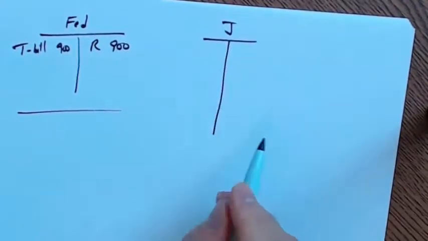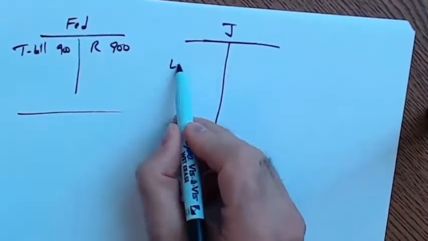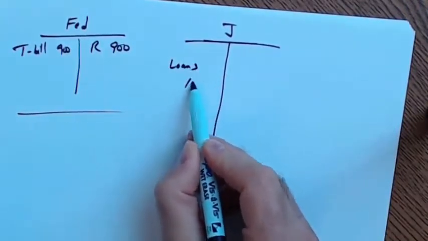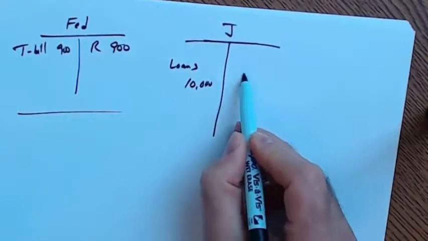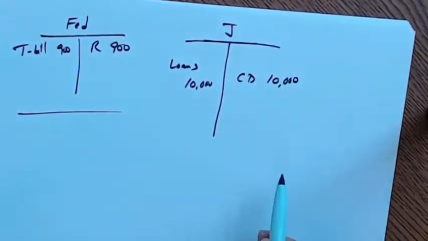Let's say we have Bank J. Okay, and Bank J, let's say it has loans on its books. This would make up a number, 10,000, and it has checkable deposits, demand deposits of 10,000. Okay, so now the Fed wants to sell a treasury bill, and when it sells a treasury bill, it's going to give up a bill, and it's going to get cash.